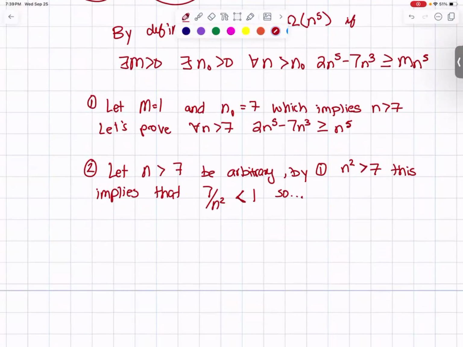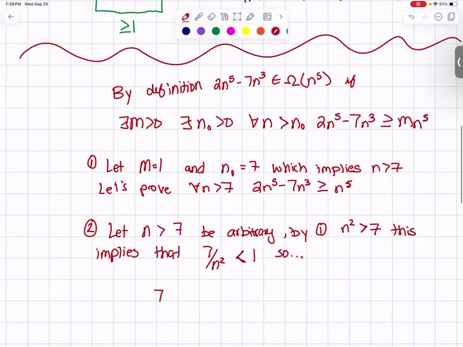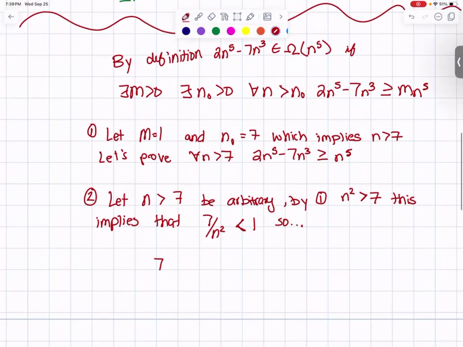Let's actually pull all this out and together. 2n to the 5 minus 7n cubed is equal to, take out that n to the 5, n to the 5 times 2 minus 7 over n squared.